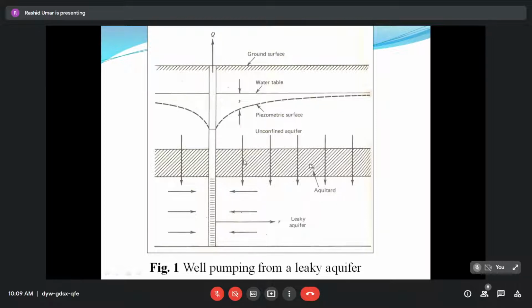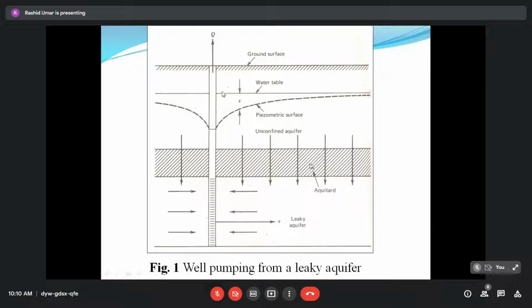So how much vertical leakage is taking place? That will be directly proportional to the difference between the drawdown curve of the piezometric surface and the water table. The water table will remain fixed, because we are not pumping the unconfined aquifer, we are pumping the leaky aquifer. This part is only screened, so the water we are tapping is from this particular aquifer.